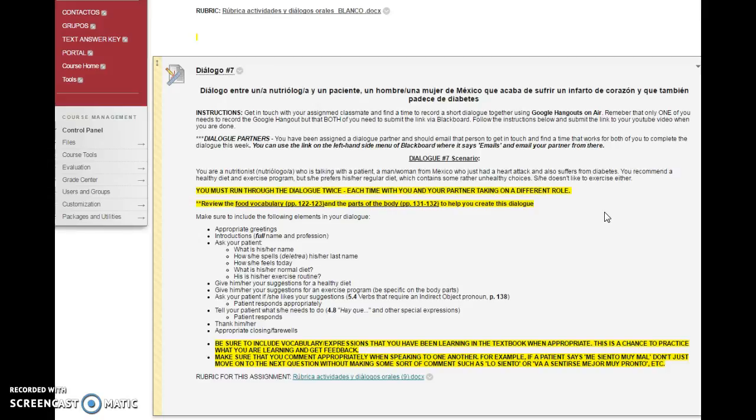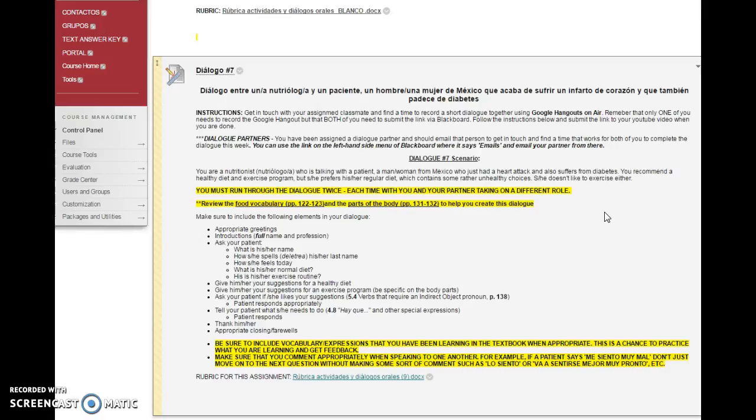Now you also want to make sure along the way that you're using the vocabulary expressions that you've been learning, even from prior chapters, so you don't forget those. And also, you want to respond appropriately to one another and have appropriate reactions.